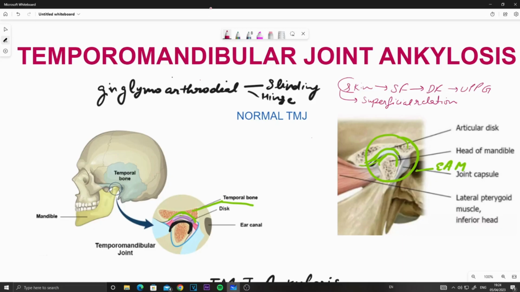Now, branches of the facial nerve, auriculotemporal nerve, and the superficial temporal artery and vein lie within the portion of the gland, that is the parotid gland. These are the facial nerve, auriculotemporal nerve, superficial temporal artery, and vein.